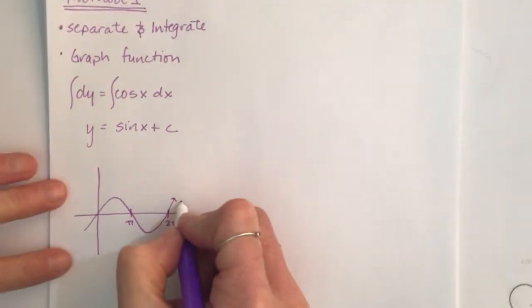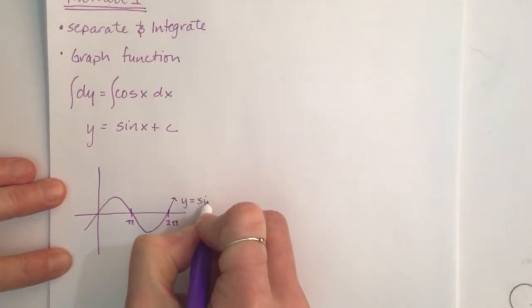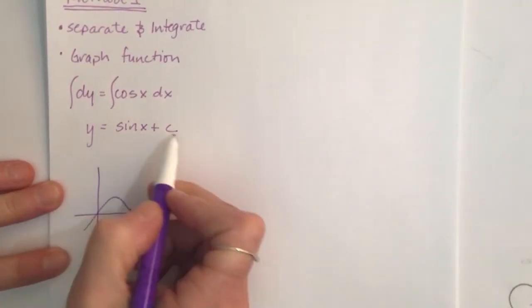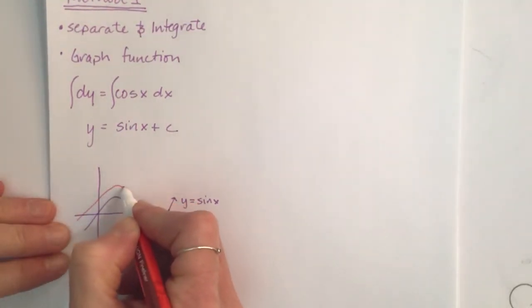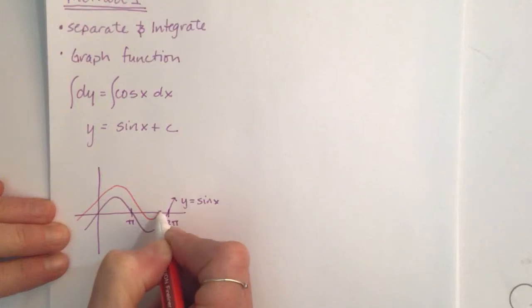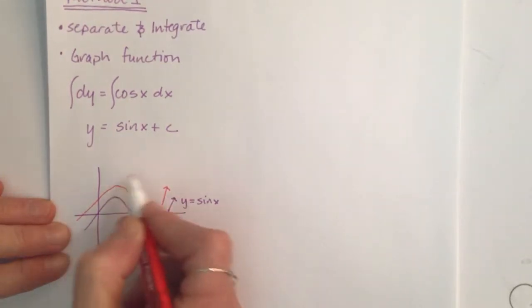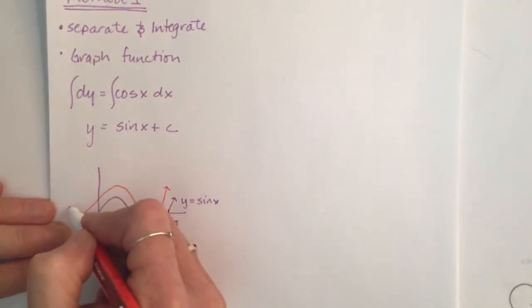The one that I graphed, though, was just y equals sine x, but this is sine x plus c. So what does that mean? We can add any number that we want, right? So this could look like this, or it could be like this. That might be sine x plus a half.